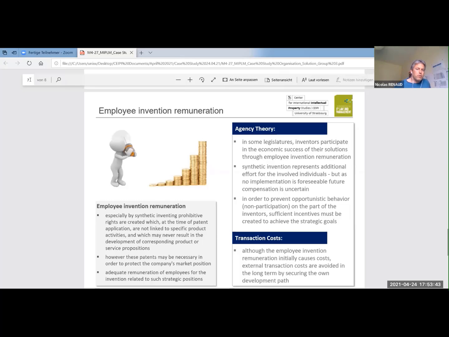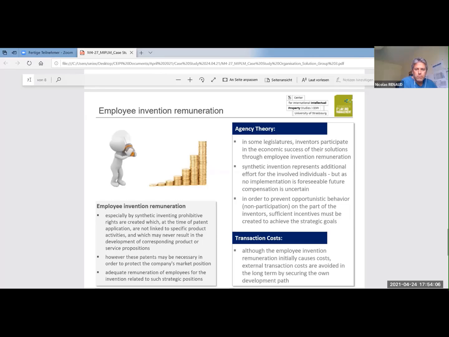So from an agency theory point of view, the agent here is the inventor, and the principals are the company, the management of the company. It could also be the IP department, or in a general manner, the technical project, the product development.